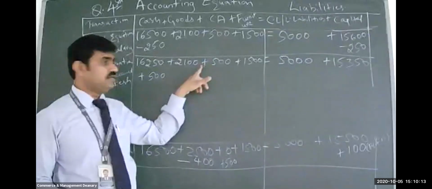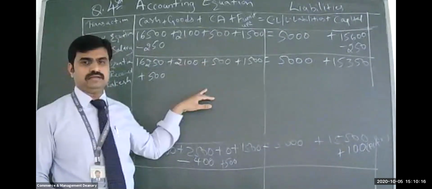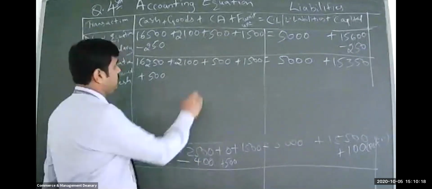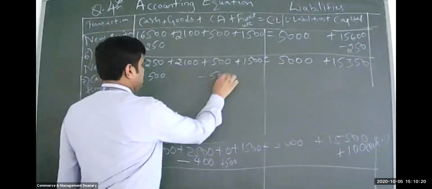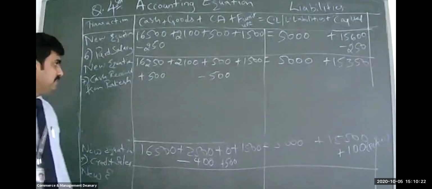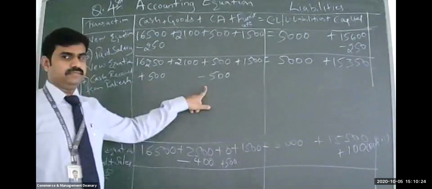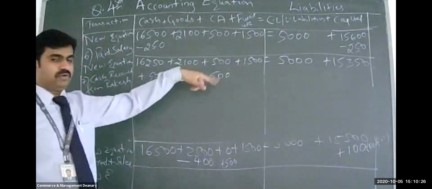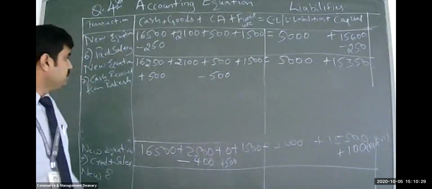Minus 500 in current assets. Once he has paid, this will become nil, because the debtor has come and paid the money, so minus 500. There is nothing outstanding from Rakesh's side.